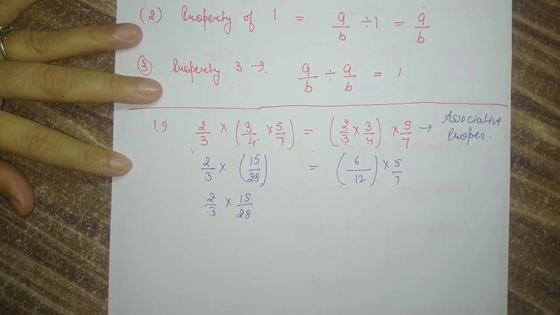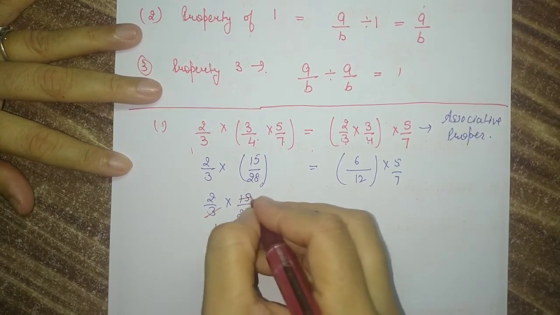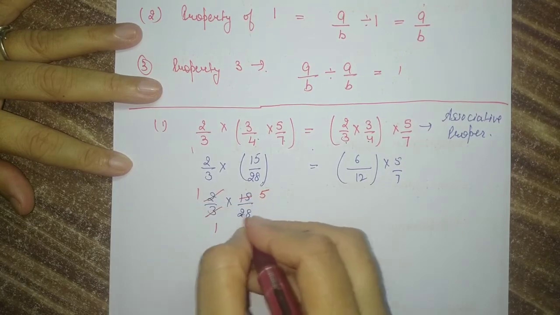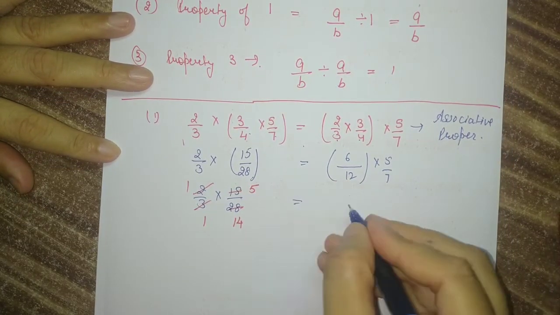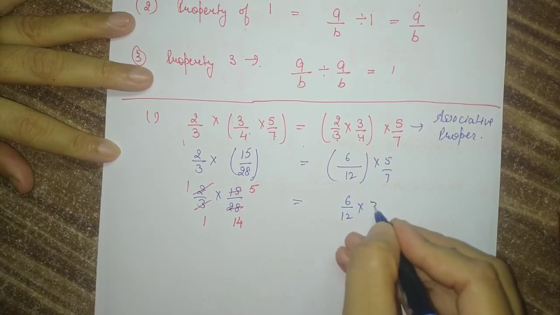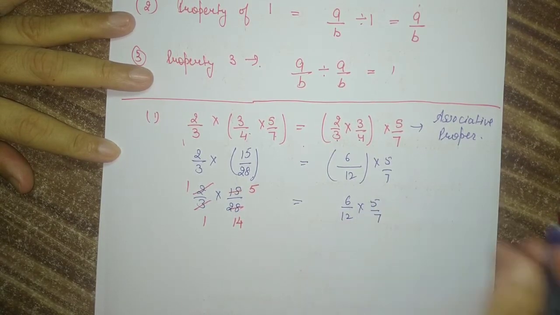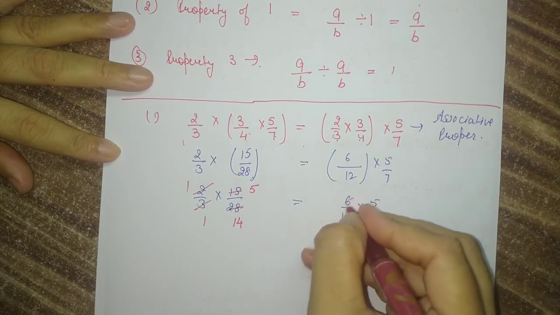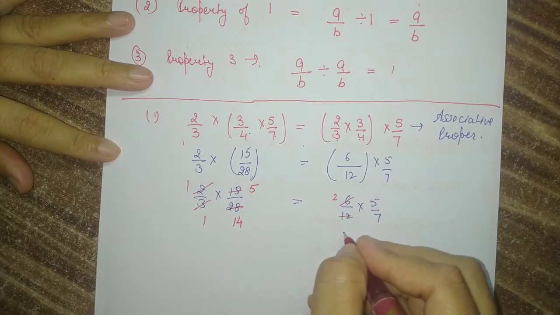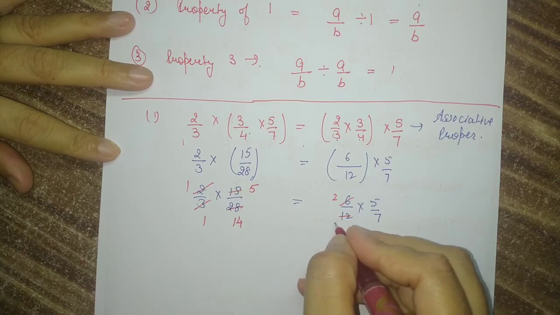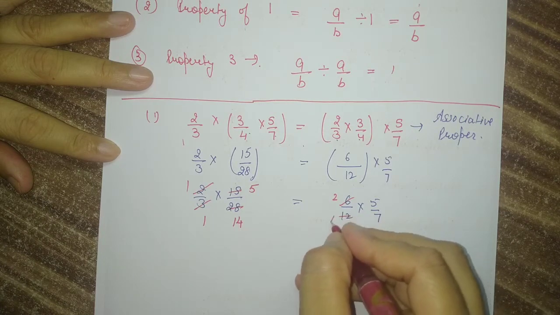Is it possible to cancel out? Cancel it out. 3 ones are 3, 3 fives are 15, 2 ones are 2, then 14. On the other side, write 6 by 12 and 5 by 7. It is possible by 3: 3 twos are 6, 3 fours are 12.